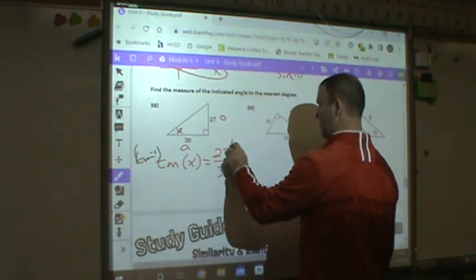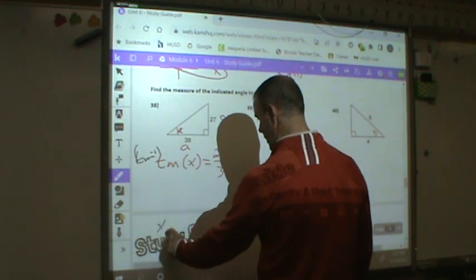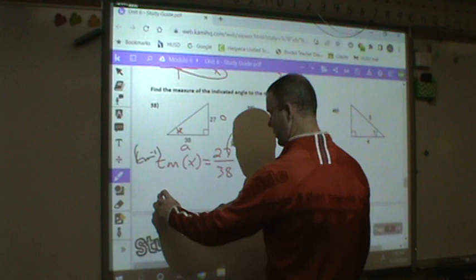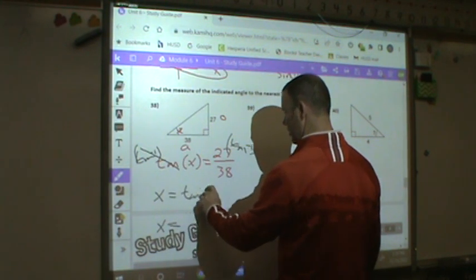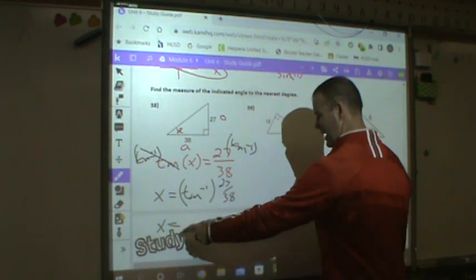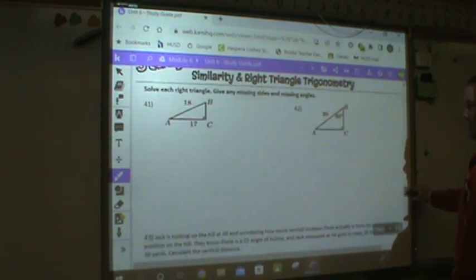Multiply by the tangent inverse. A lot of you are showing this work and trying to tell me that x equals an answer. No, you need to show your work. Come on. X is equal to, because those cancel out, the tangent inverse of 27 divided by 38. Now you can say x is equal to. All right? Now we move on.